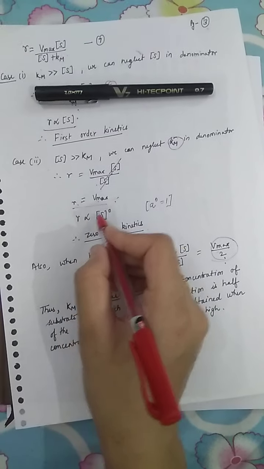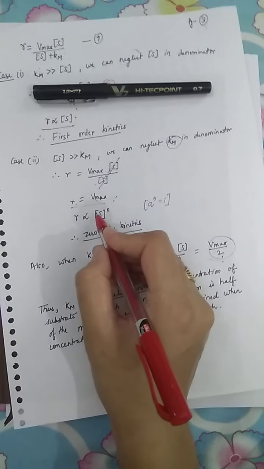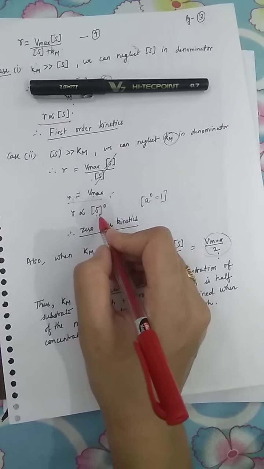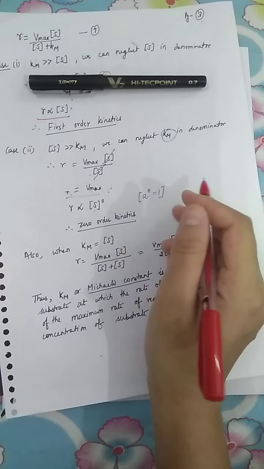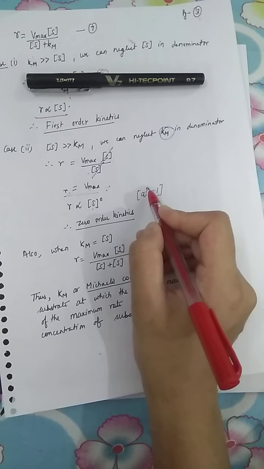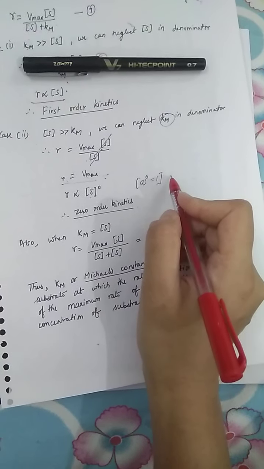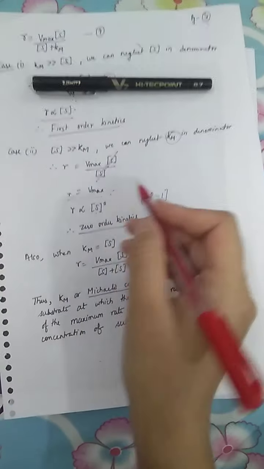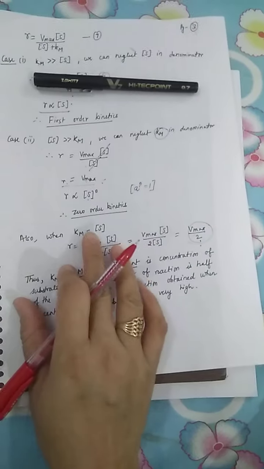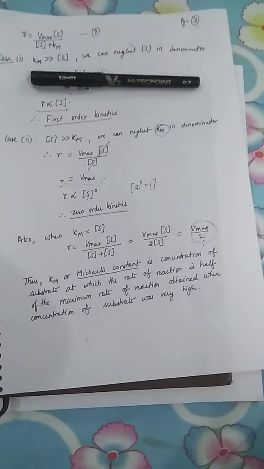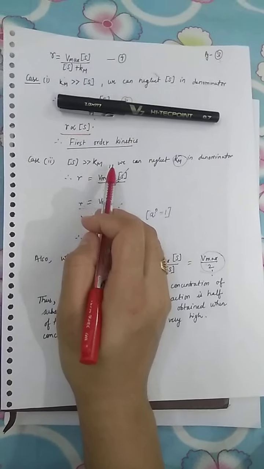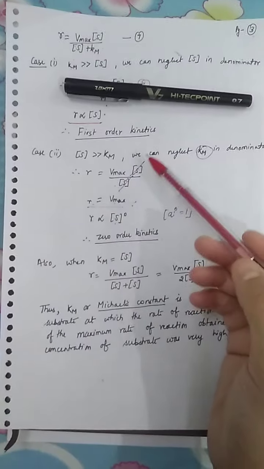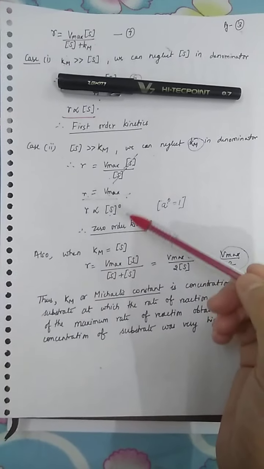That is, rate is directly proportional to the 0th power of our substrate concentration, because A naught is equal to 1; we know that any number raised to the power 0 is equal to 1. So our rate is basically constant, and that happens in the case of a zero order reaction. So we can say that when our substrate concentration is much higher than Km, our enzyme catalyzed reaction is following zero order kinetics.